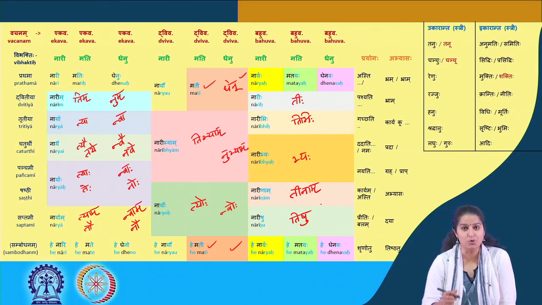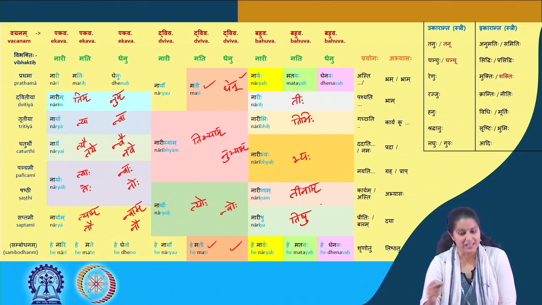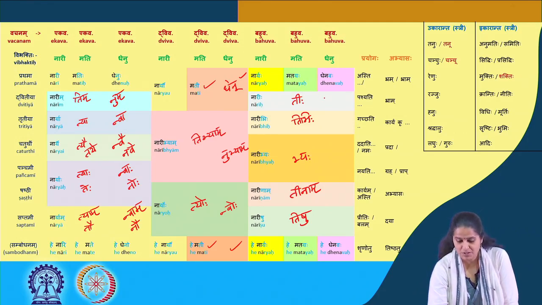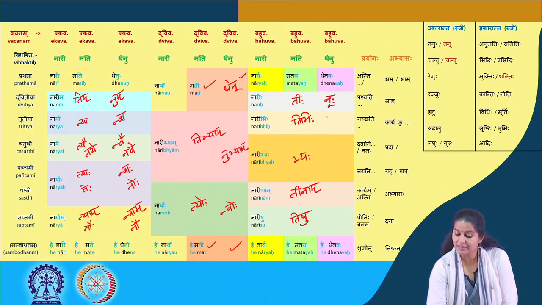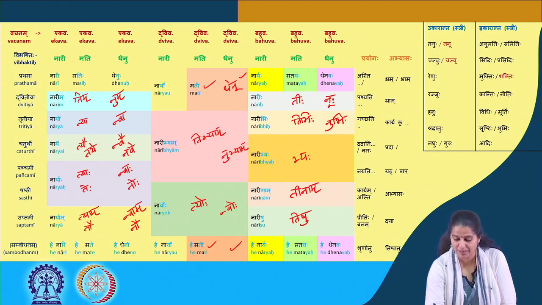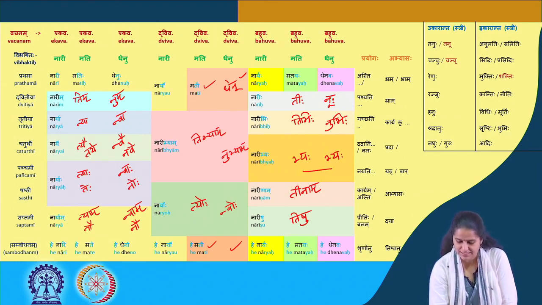Moving on with dhenu. So instead of becoming dhenvaha, it becomes dhenavaha. So dhenavaha, then dhenuhu, and then dhenubhihi, uttamam. So you're saying it along with me, right? Next, dhenubhyaha. So that's the same thing there.